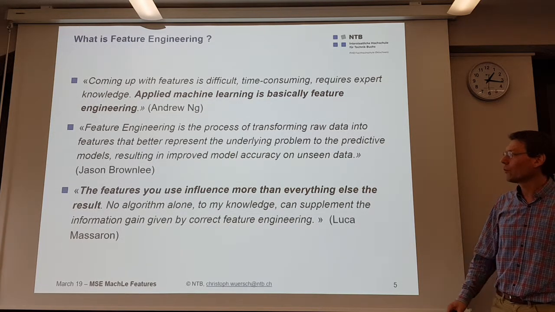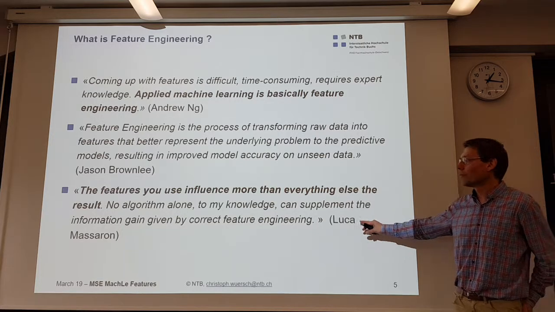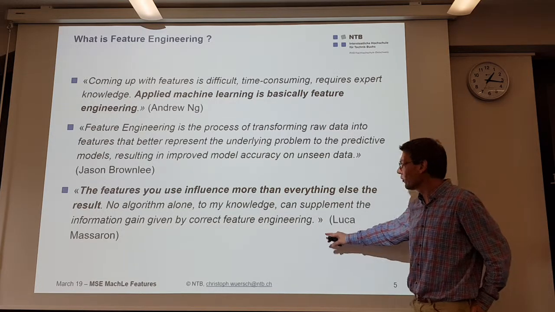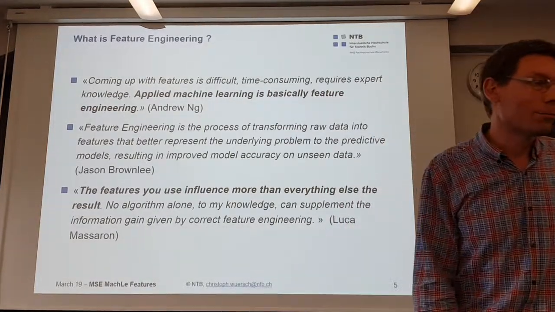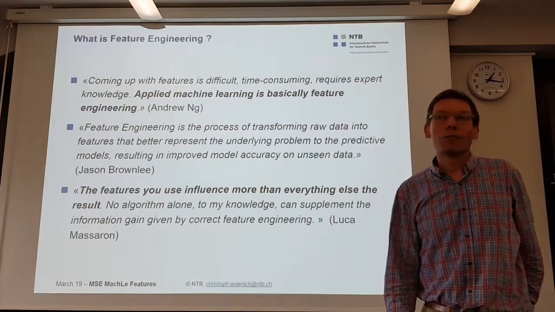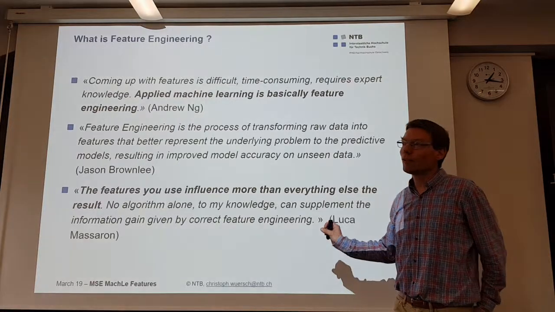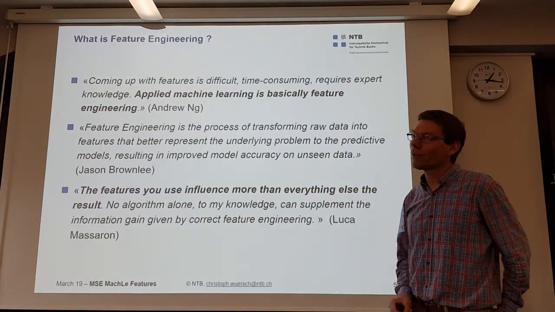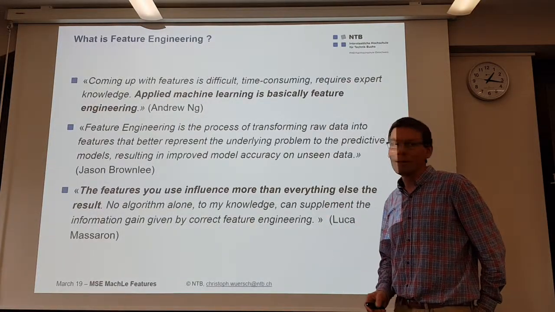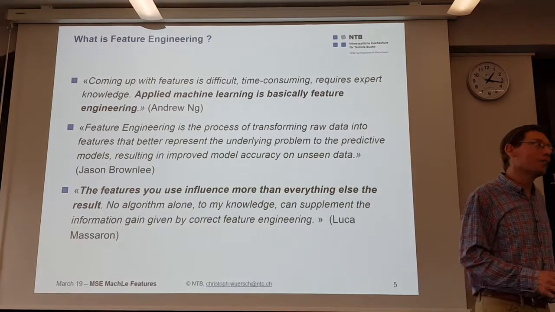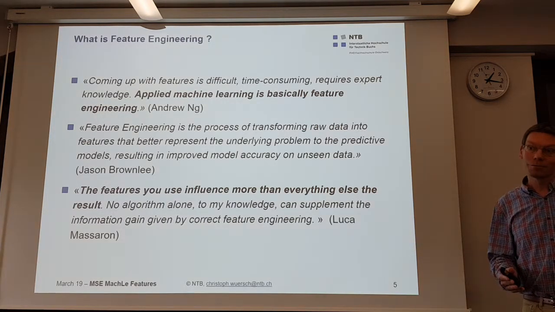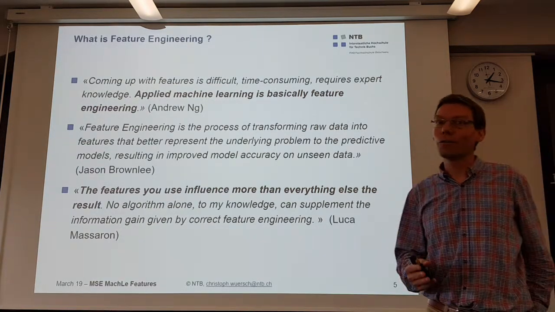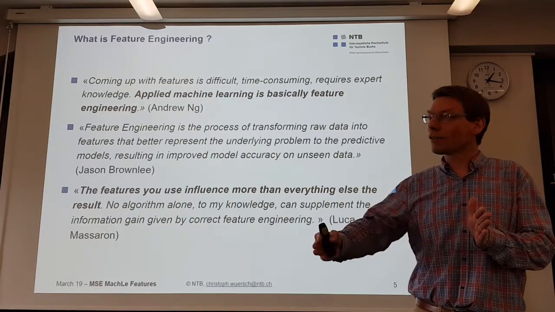Luca Massaro says the features you use influence the result more than everything else. No algorithm alone, to my knowledge, can supplement the information gain given by the correct feature engineering. This is probably also a discussion we could have, because there's one reason I didn't put images as a data source for our classifiers, for example: there the features are mainly generated by a convolutional neural network itself. So the network is there to first of all generate the features.